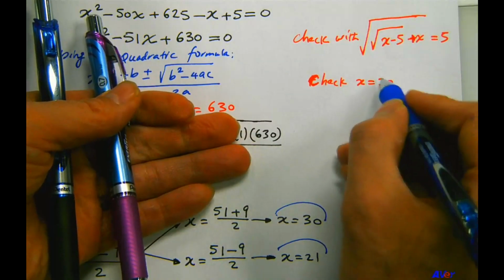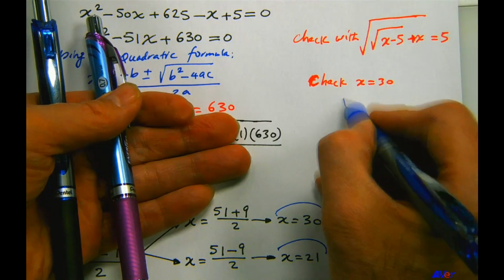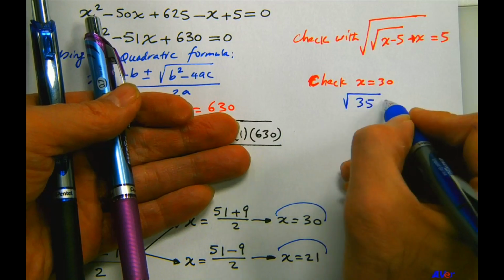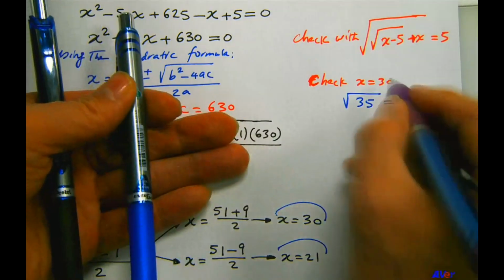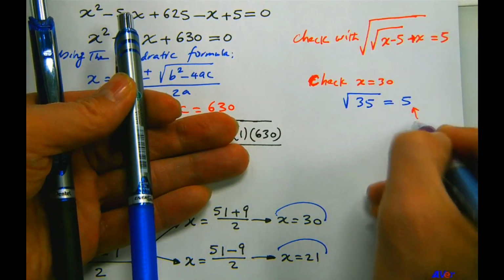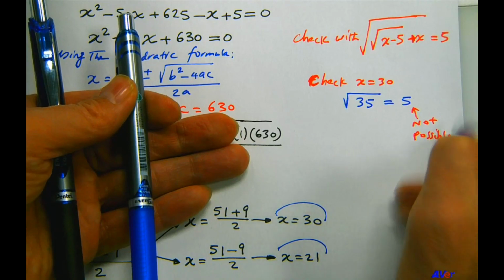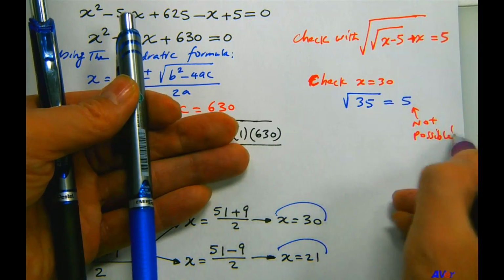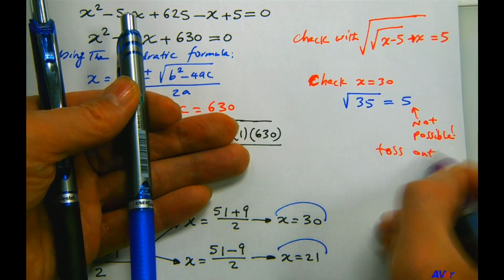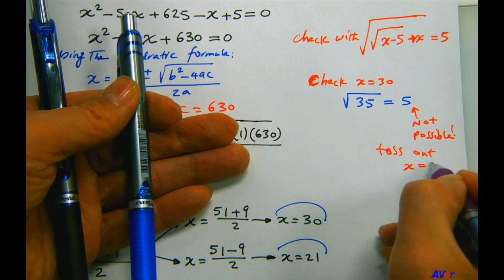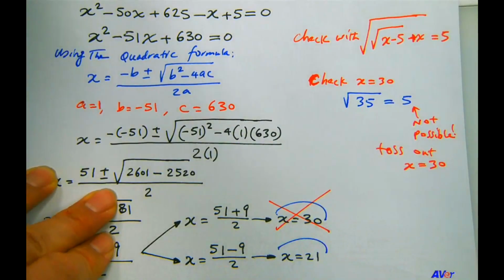Check 30 and we end up with square root of 35 equals 5. Not possible, so toss out x equals 30. That one is not acceptable.